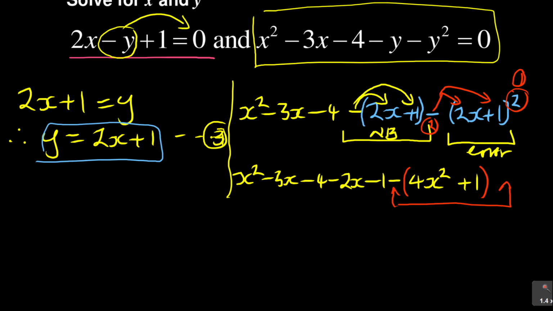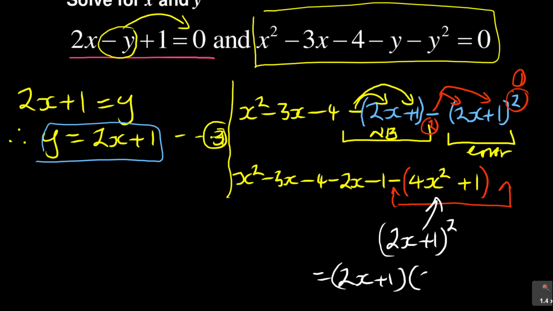If you are picking up the error, it is this: 2x plus 1 squared is not that, because 2x plus 1 squared is equal to 2x plus 1 and another 2x plus 1.